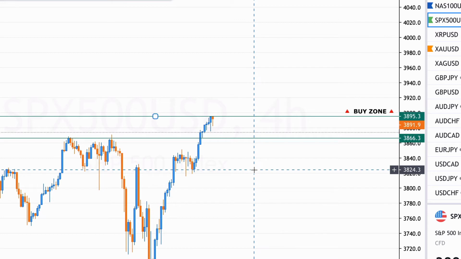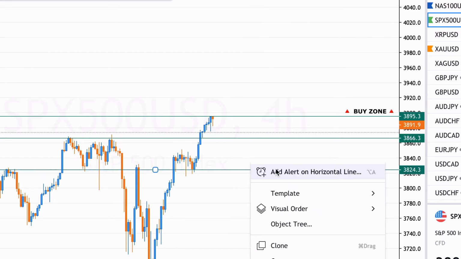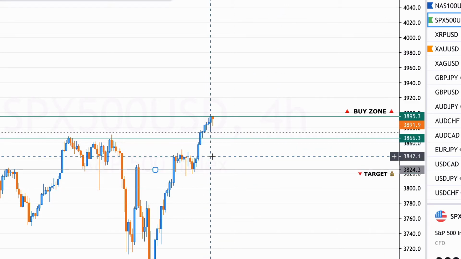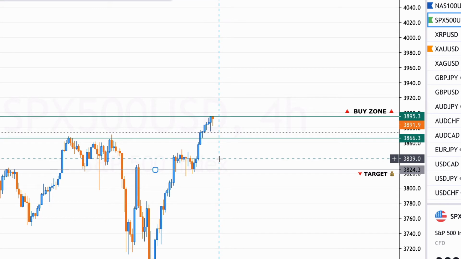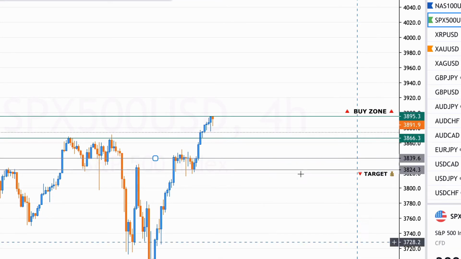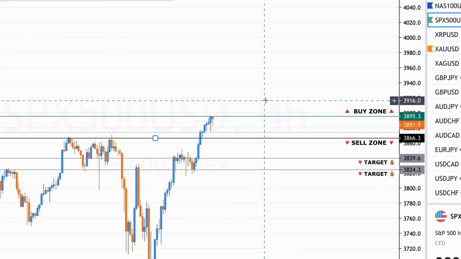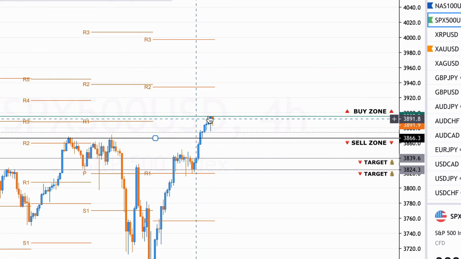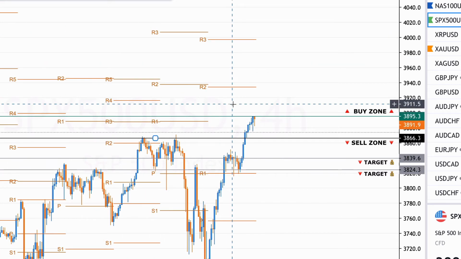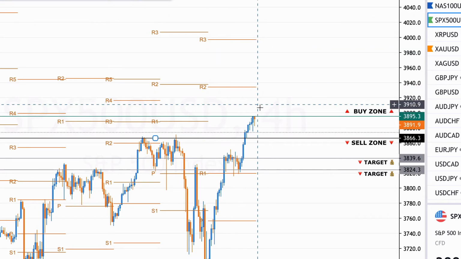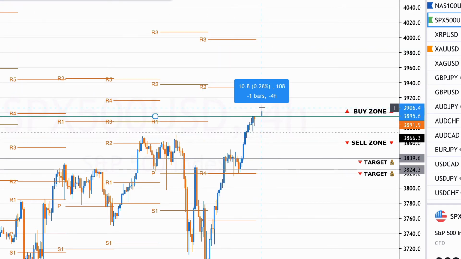And here's my first area of interest right here. And then I break that up along the way. So about right here. This would be my sell zone. Let's see what we can get from here to here.